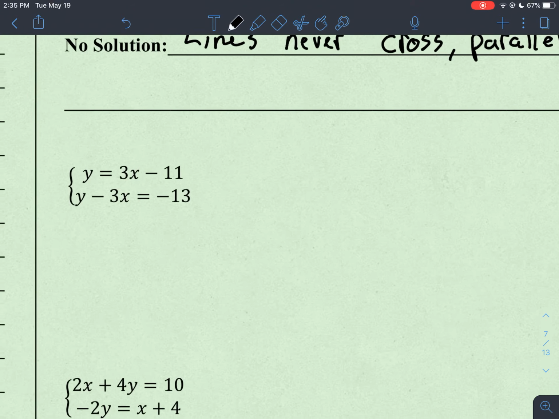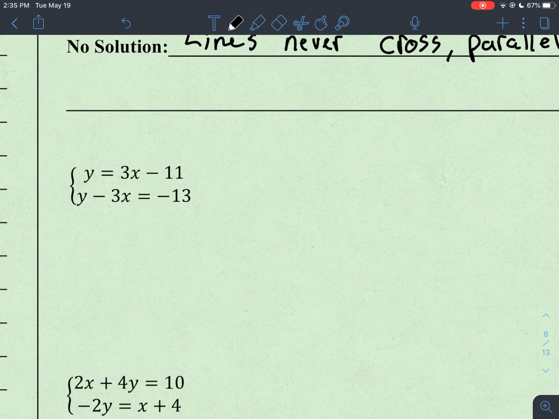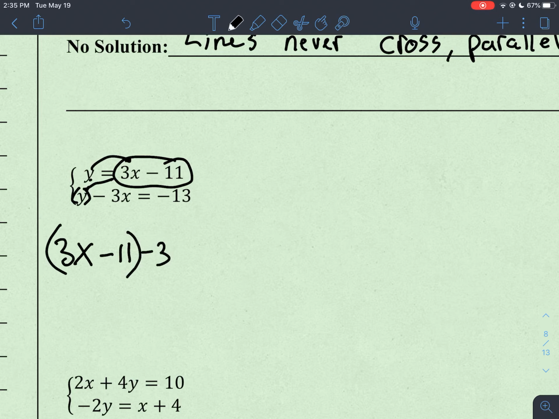So you look at a situation like this, and we're going to do substitution one more time. We know that y equals 3x minus 11, so I can take this 3x minus 11 and plug it in for y. So I got 3x minus 11 minus 3x equals negative 13. We don't need those parentheses, but I just want to show you that I'm writing the equation the exact same.